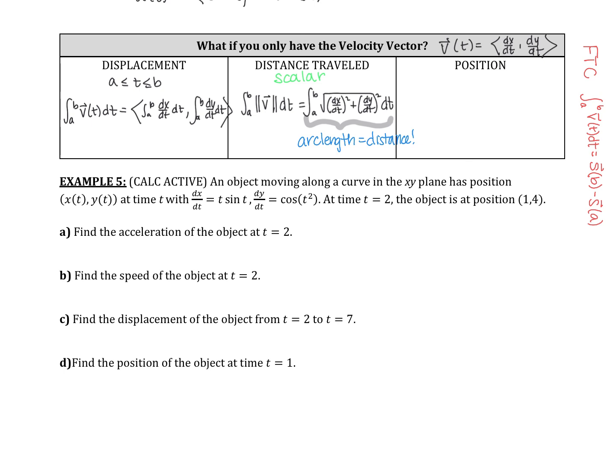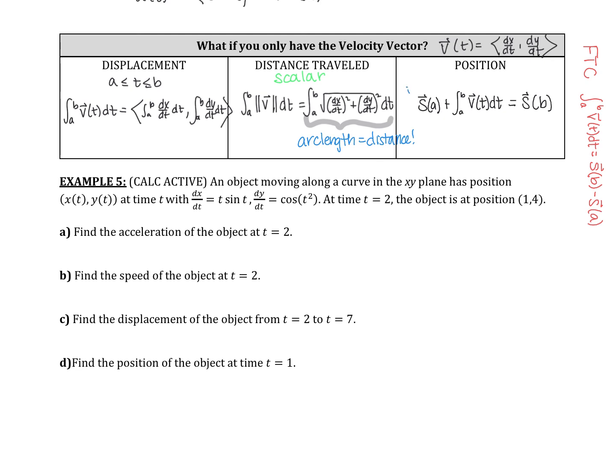Same idea. If I want to find some position, I'm going to take my initial position at a, add to it the integral from a to b of the v of t dt, the velocity vector, and it's going to equal the position at b. Okay, let's review.